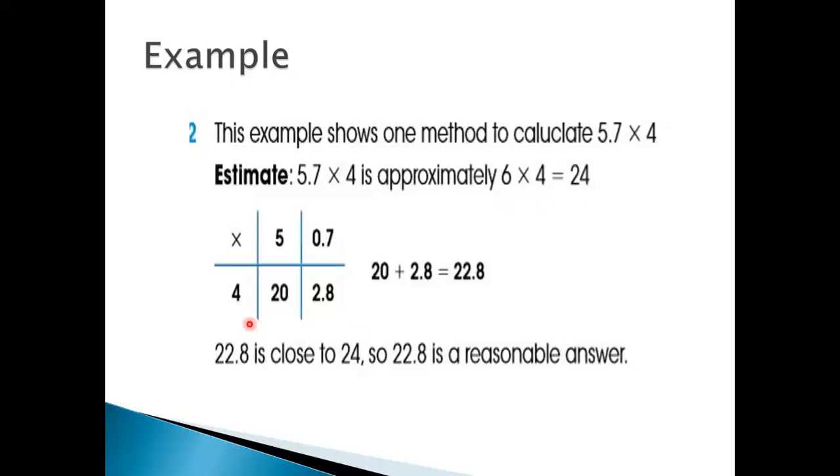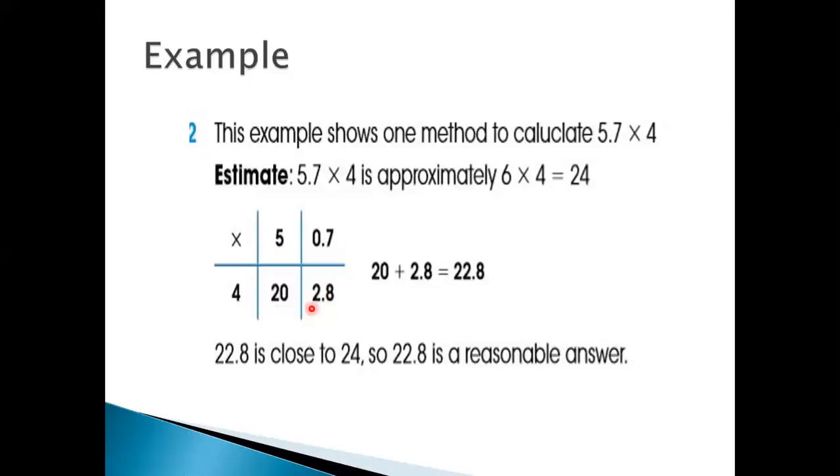Then to get the exact calculation, we are going to make the grid. First, we will write the multiplication operation. Then we'll make the columns where we are going to write the exact whole number, then the decimal number, then multiply here, and do the multiplication first with the whole number. 4 multiplied by 5 will be 20, then 0.7. 4 multiplied by 7 will be 28, and the decimal after 1 point.